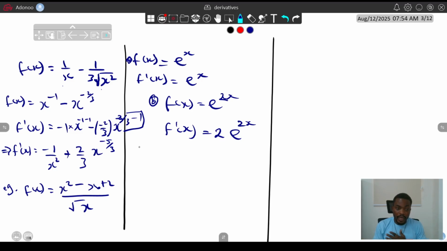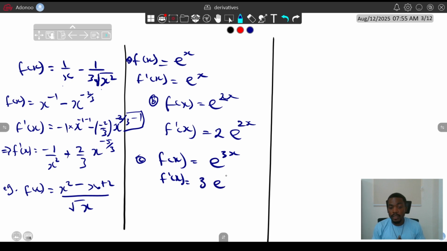So if we have f of x equal to e raised to the power 3x, then f prime of x will be equal to 3e raised to the power 3x, because if we differentiate 3x, we get 3. So what if we have f of x equals 5 raised to the power x?